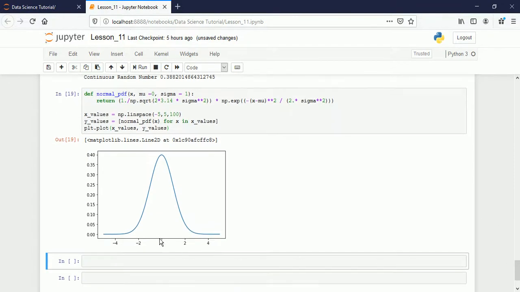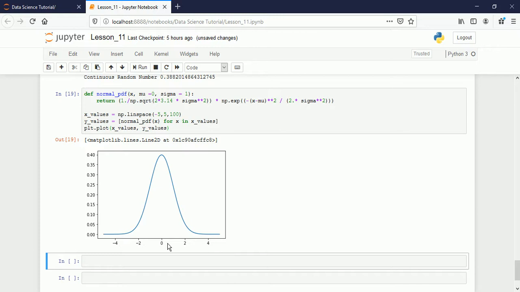Here this is the 0, and the range is from -5 to +5, but it is not showing that here, it shows -4 and +4. This 0 is called mu, or the mean of the distribution. And here -2 and +2 we can call the standard deviation.